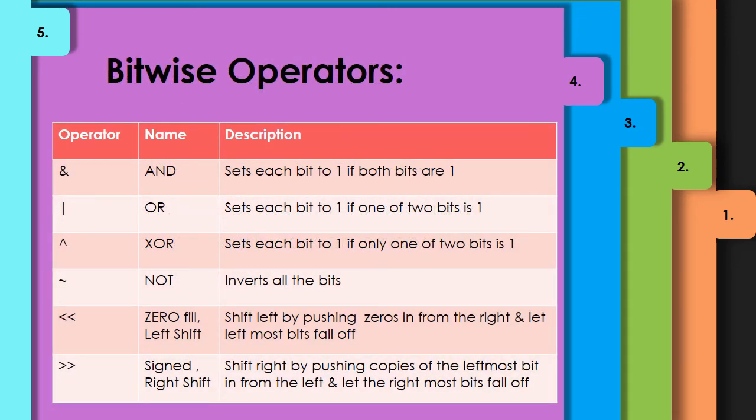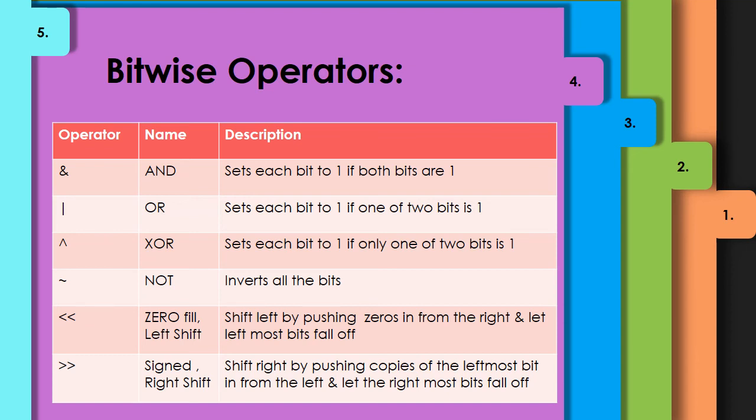Now we have 6 bitwise operators in Python, and these 6 bitwise operators are the AND operator, OR operator, XOR operator, NOT, right shift and left shift operator. Let's see the description of these operators.